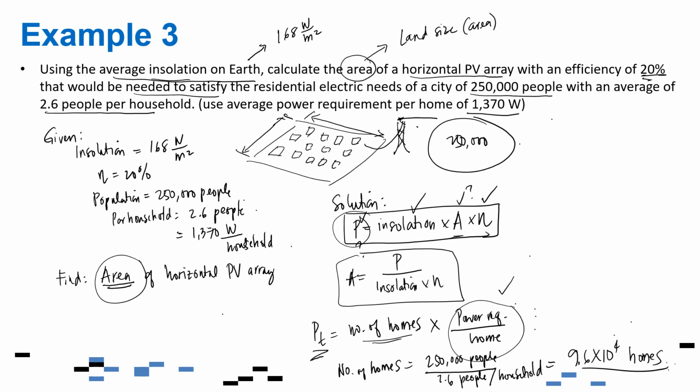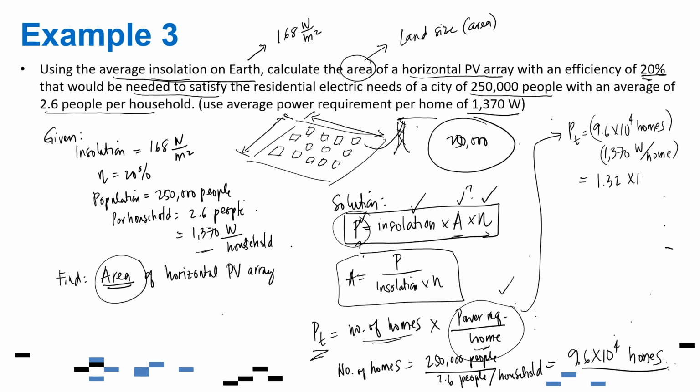Since we have that now, we can calculate the total power requirement. The number of homes is equal to 9.6 times 10 to the 4 homes, multiplied by the power requirement. The power requirement is 1370 watts per home or household. So the total power is now 1.32 times 10 to the 8 watts. Once we have the power, we can calculate the area.